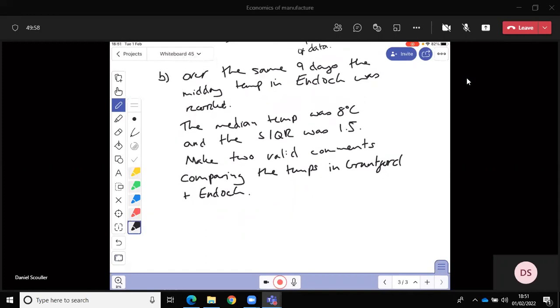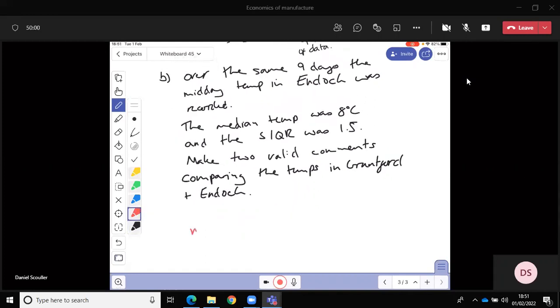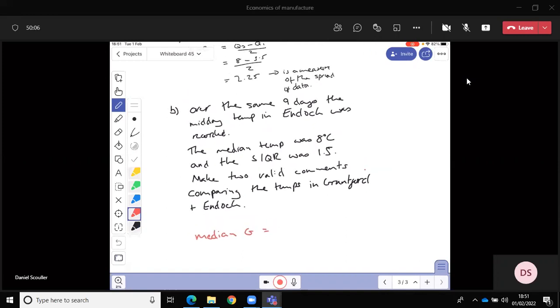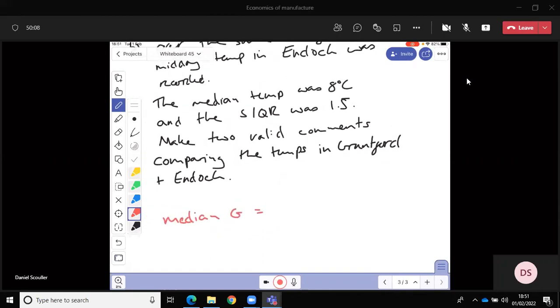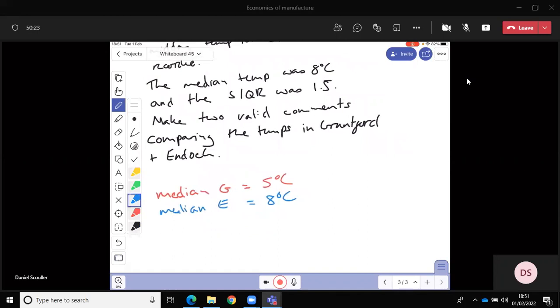Okay, so if we look at the median for Grantock, what did we work out? 5 degrees. The median for Endok we've been told is 8 degrees.